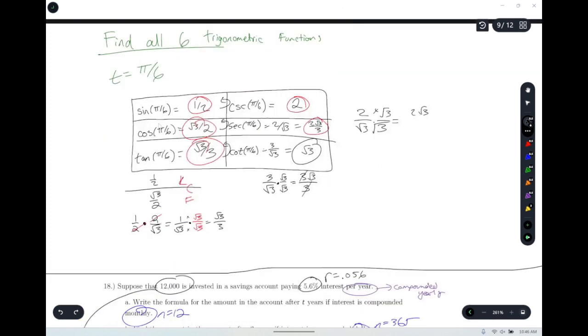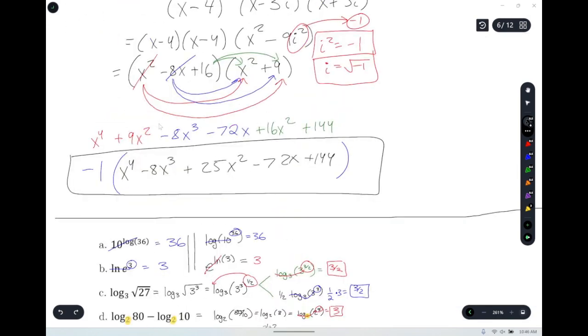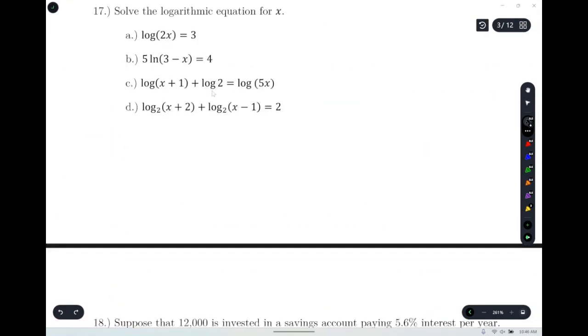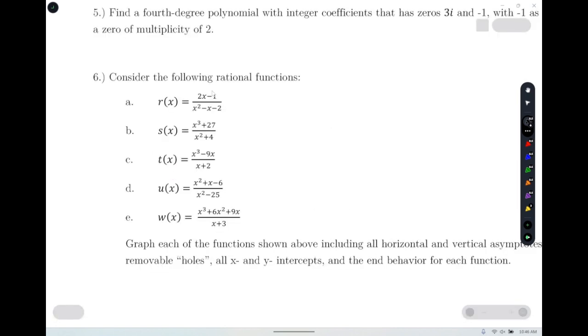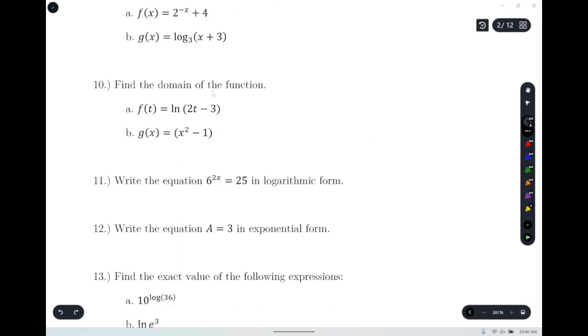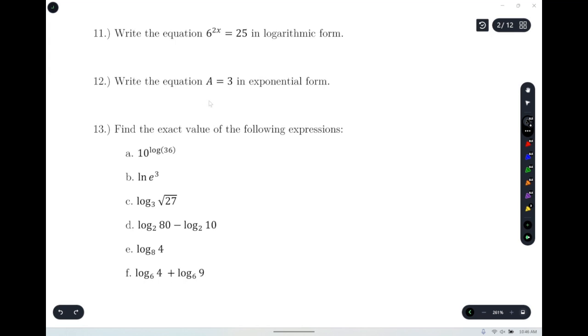Or actually 20,000 over 12,000. Number 12? Oh, yeah, that was a typo. Just scratch that one. There was one typo. It was that one.